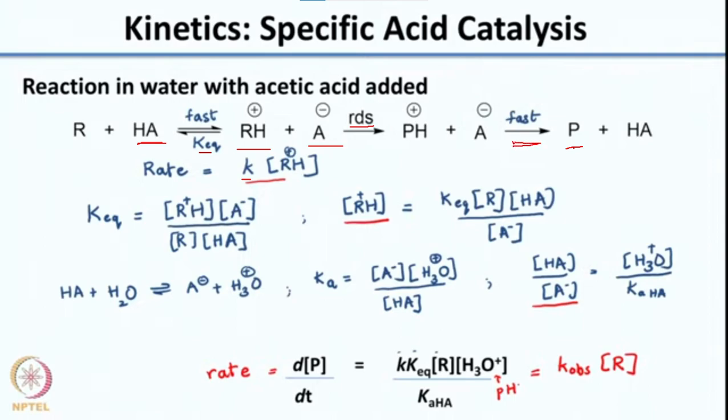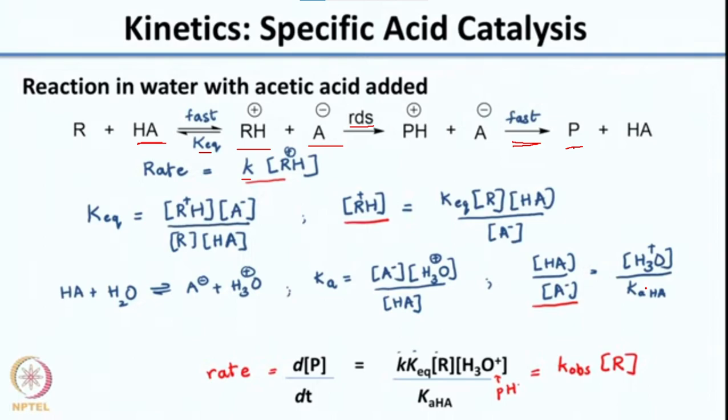Here also we will write product upon reactant. So this is the first step. Again the Ka equation will become A minus H3O plus divided by HA, which will give you the value of HA.